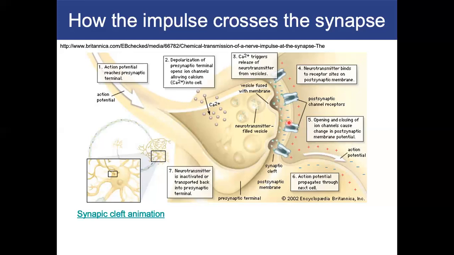So acetylcholine binds to these receptors, pops them open, sodium rushes in and depolarizes this region. And then the action potential gets generated down the second nerve. So the presynaptic nerve communicates with the postsynaptic nerve via neurotransmitter. This is how nerves communicate with nerves, or nerves communicate with organs.